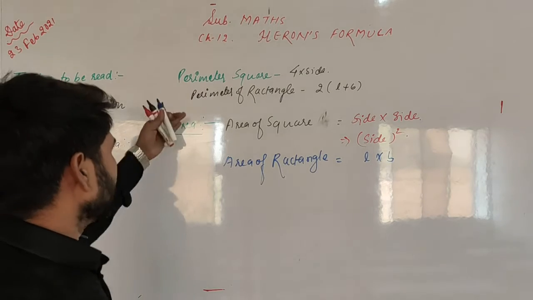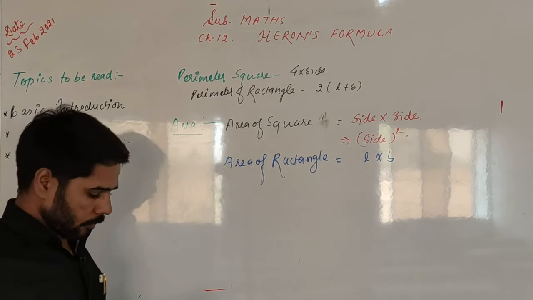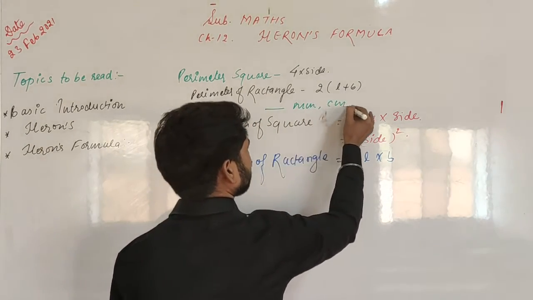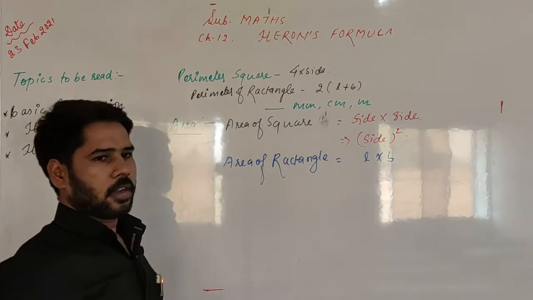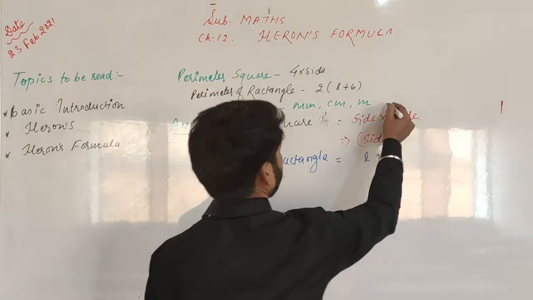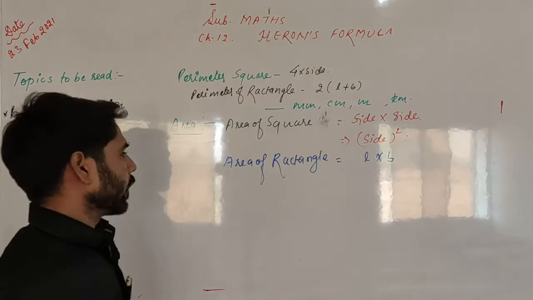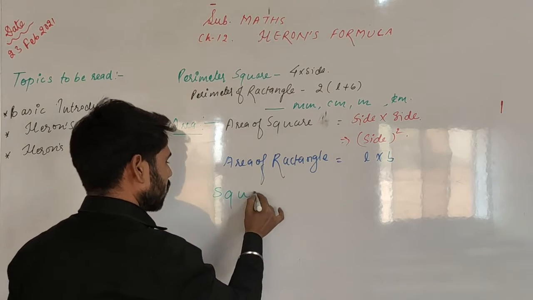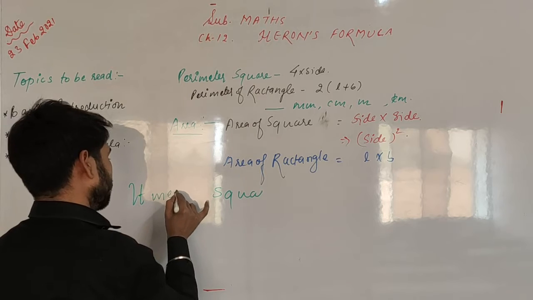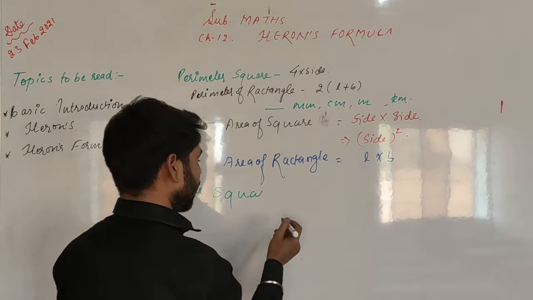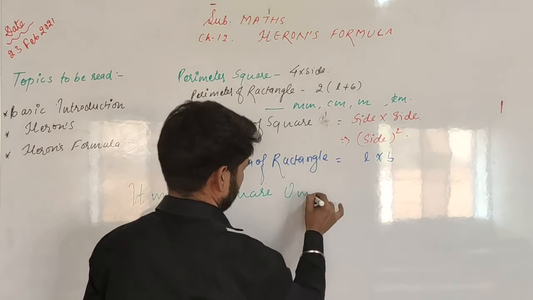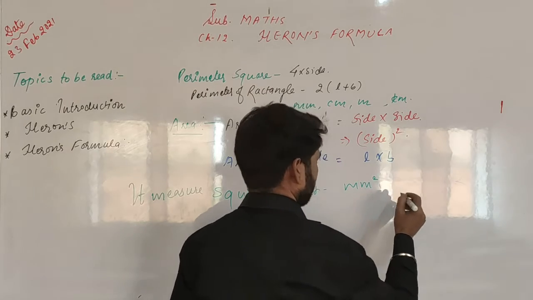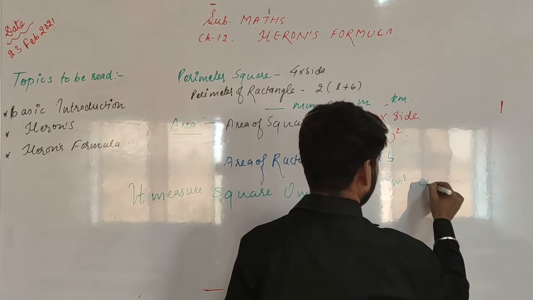Okay. So perimeter is measured in millimeter, centimeter and meter, or on a large scale it can be measured in kilometers. Area is measured in square units, like millimeter square, meter square, centimeter square.